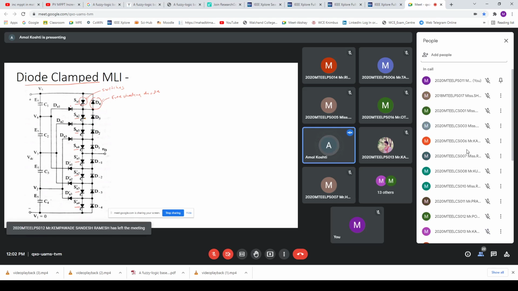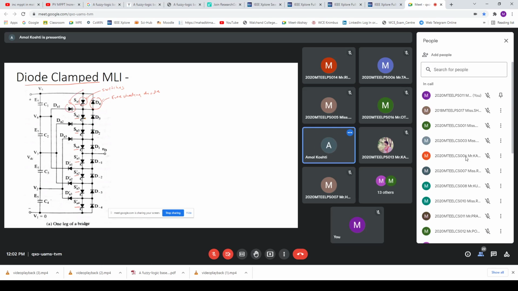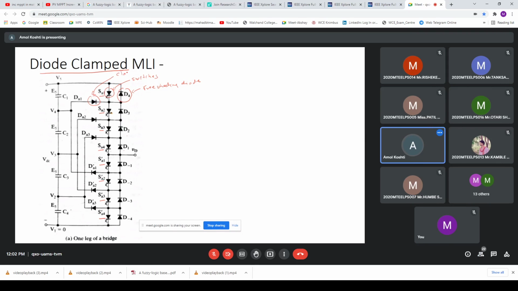Now these are the clamping diodes. Why clamping? Because we are using them to clamp the voltages. Now there are some standard formulas. Suppose we want an output of M level.